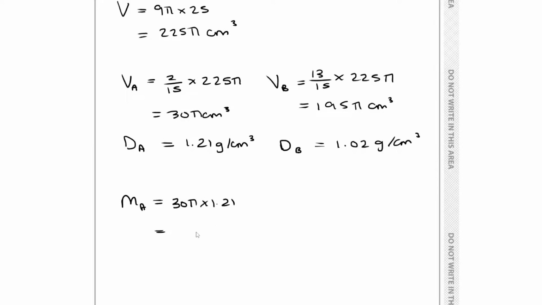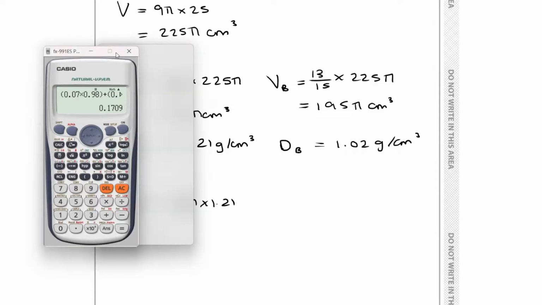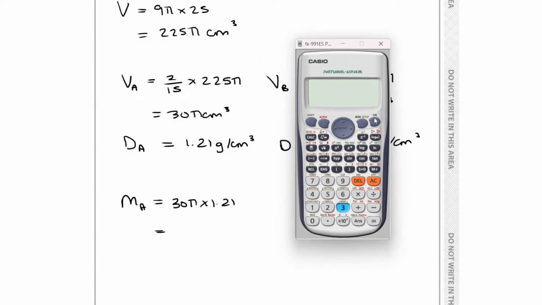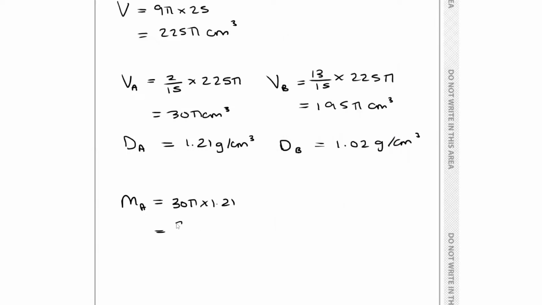Okay, so let's get the calculator because that's going to be loads of decimals. 30 pi times 1.21. Make sure you actually type it in. I'm just going to write down 363 over 10 pi.